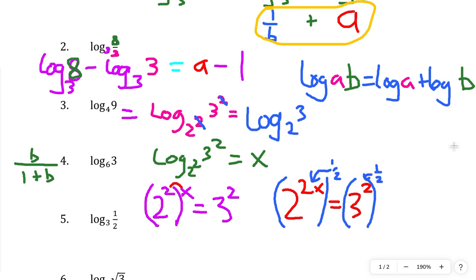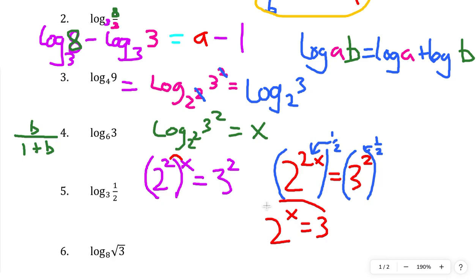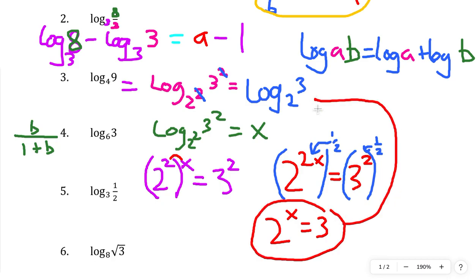And what's going to happen is those 2's are going to simplify away. So we're going to end up with 2 to the x equals 3. And wouldn't you know it, isn't that the same thing as this right here? Which is what my original claim was.